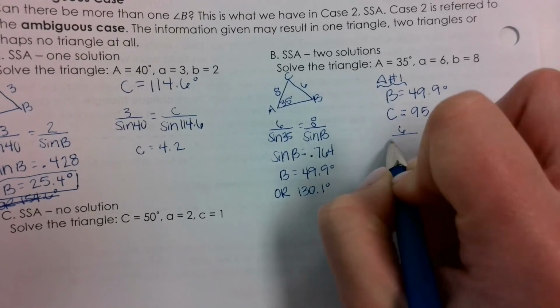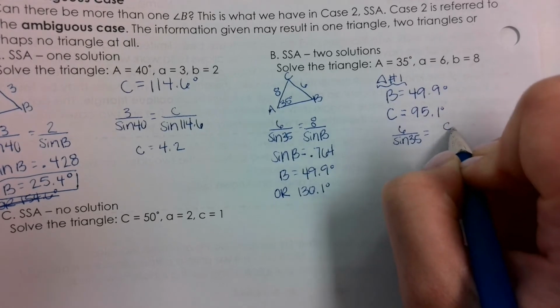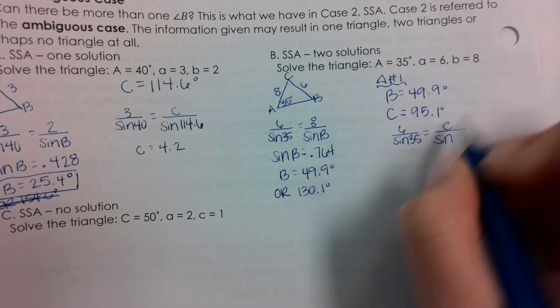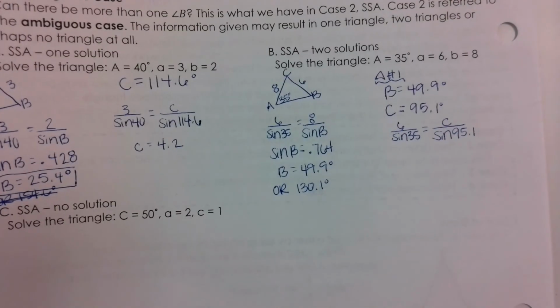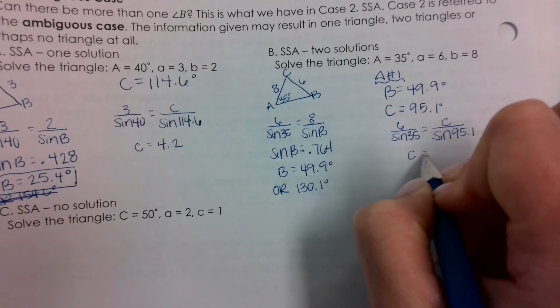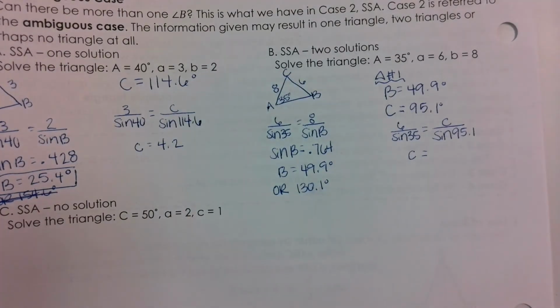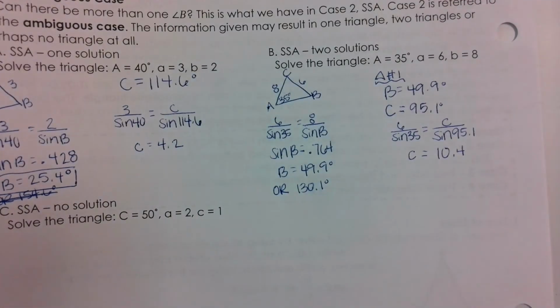So we'll say 6 over sine of 35 equals side C over sine of angle C, which is 95.1. We'll cross multiply and solve there. What do you end up getting for side C? 10.4. Do you have questions on that?